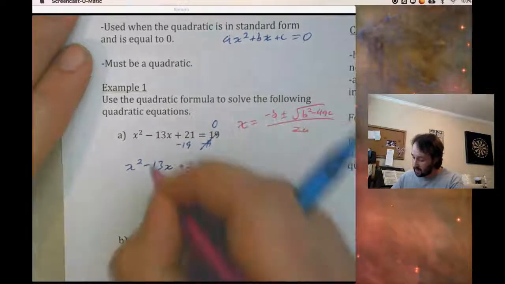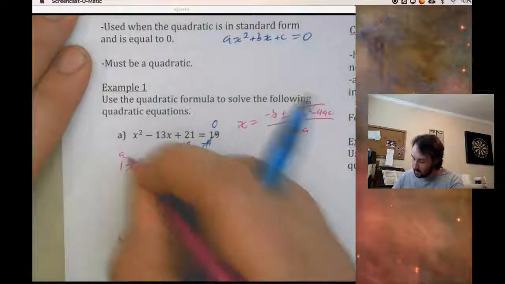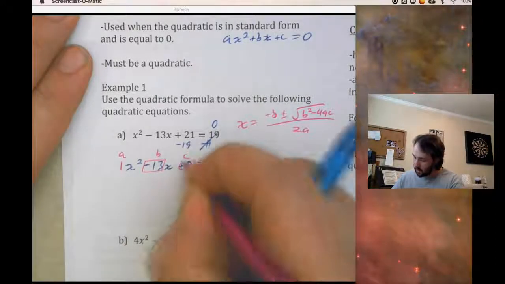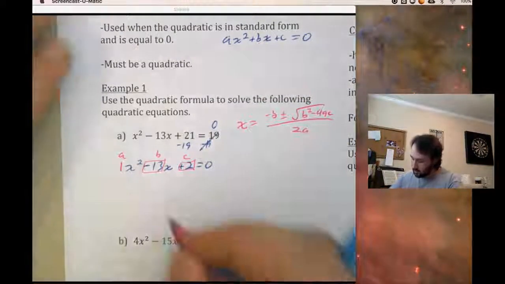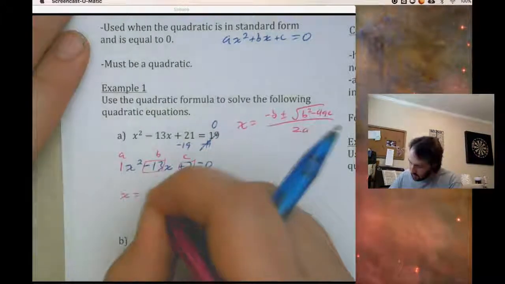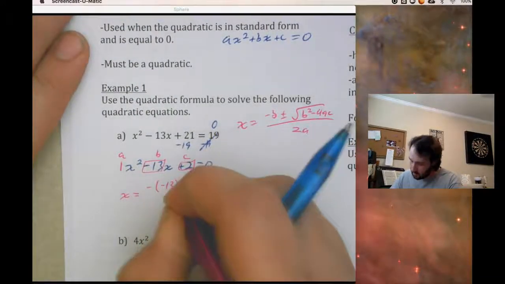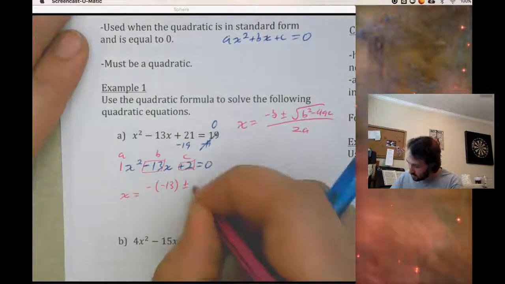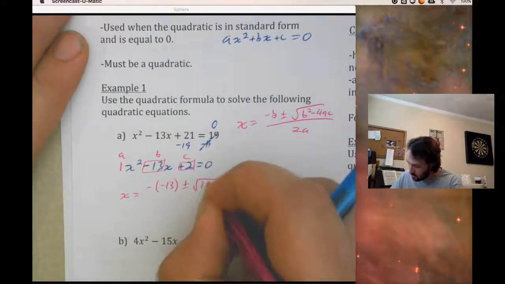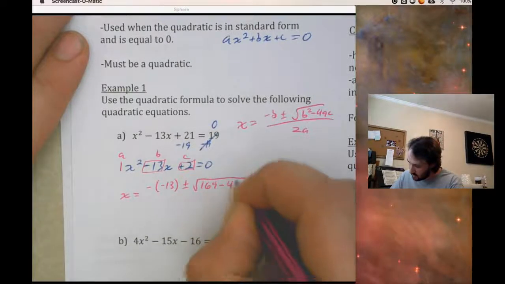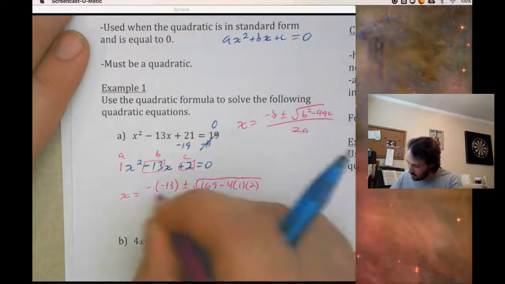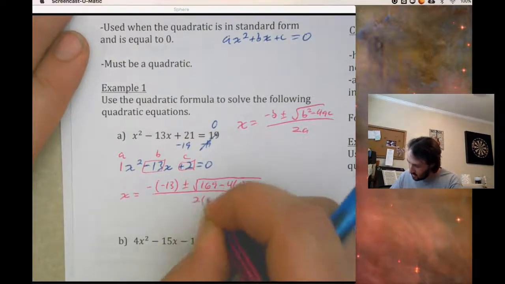So if I have, here a is 1, b is negative 13, take the whole number, c is positive 2. So going through this, x equals negative 13, because b is negative, so I'm substituting negative 13, plus or minus the square root of b squared is 169 minus 4 times a times c, all of that divided by 2 times a.